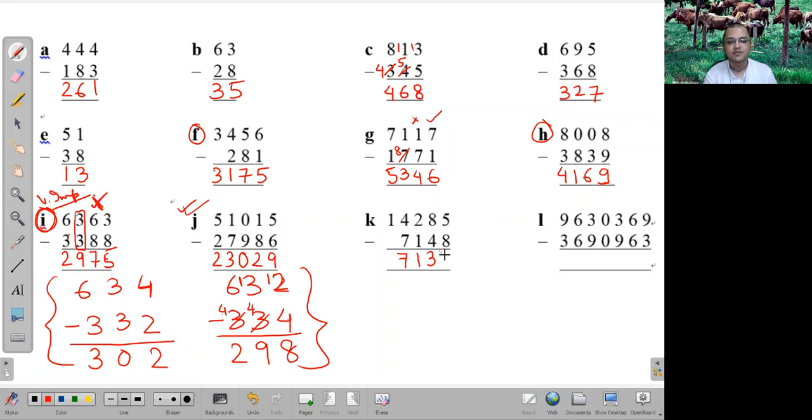What is 15 minus 8? 15 minus 8 is going to become 7. Yes, correct answer.